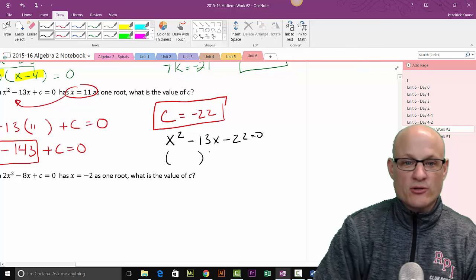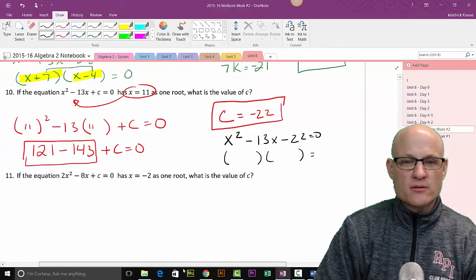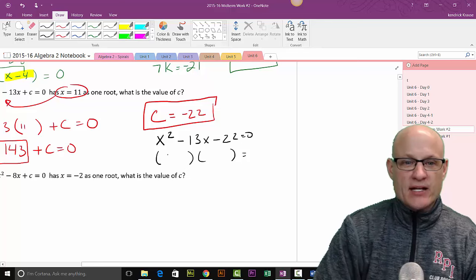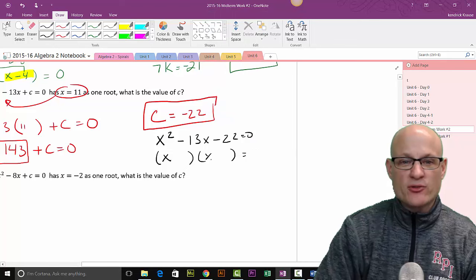So this would be ka-ching, ka-ching, ka-ching. And I get x and x multiply to negative 22 and add up to negative 13.